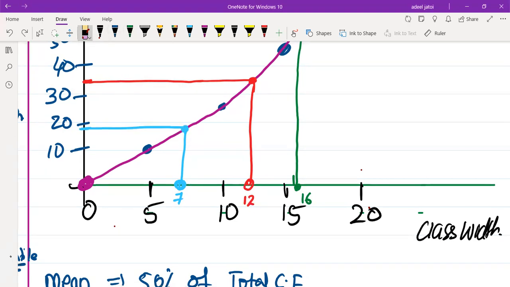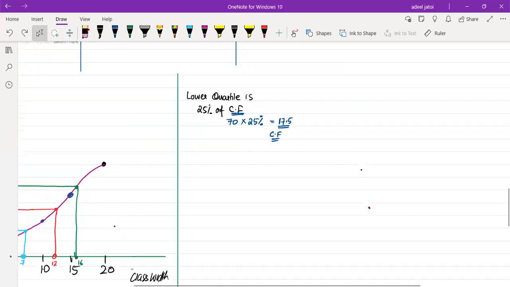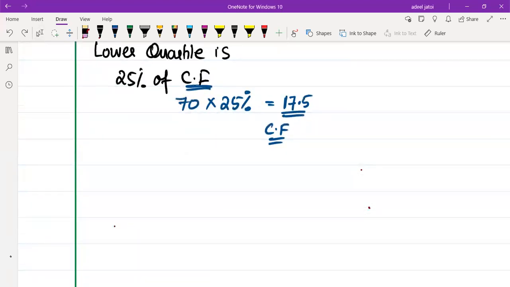Now, moving ahead, let's write it down here. 7 becomes your lower quartile.